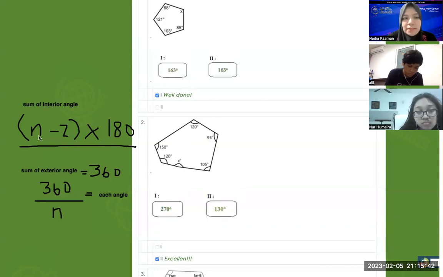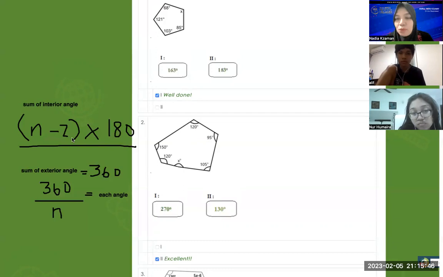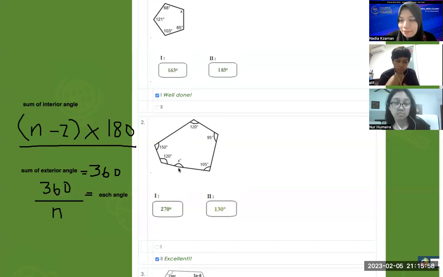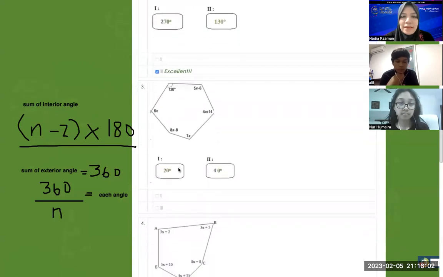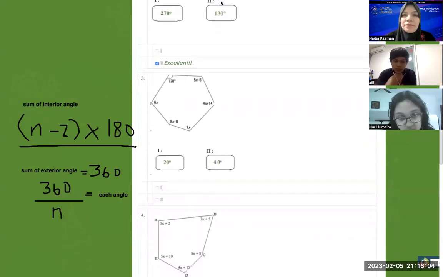Our n is 6. 6 minus 2, we get 4. 4 times 180, we get 720. And then you minus with 120, 150, 120, 95, 105. You get 130 for x. Okay, so number 3, Alif.